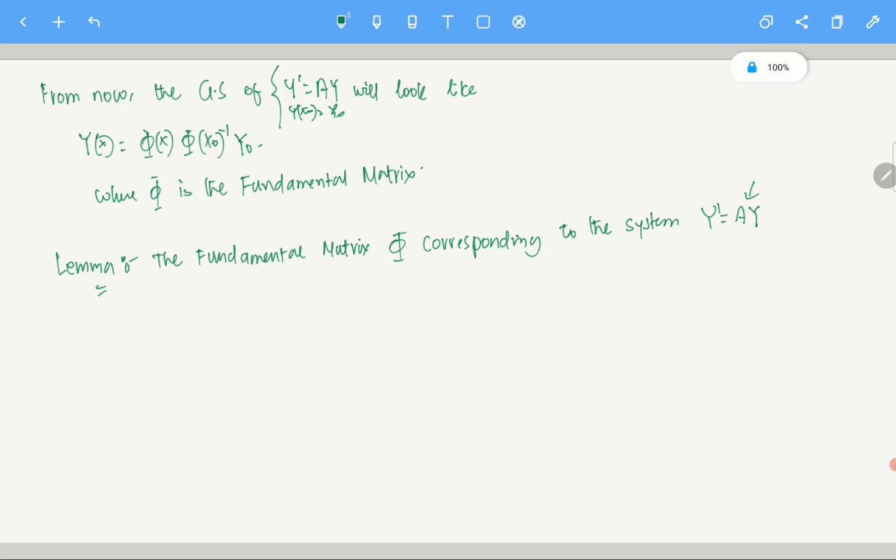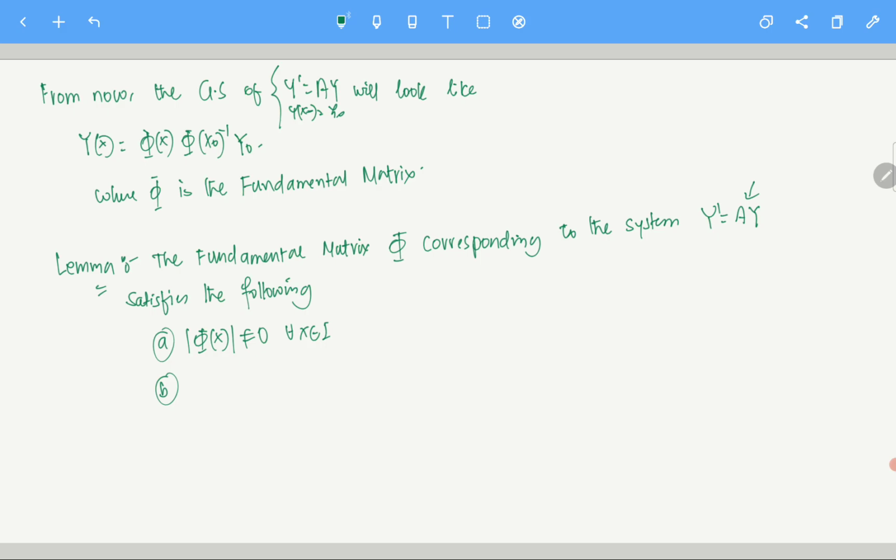The fundamental matrix satisfies the following. Number A, mod phi of x is non-zero for all x in I. This we have already discussed, right? Why? Because phi is formed by putting together the columns of phi. So basically they are linearly independent vector valued functions.